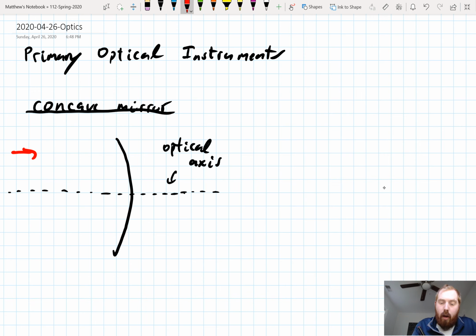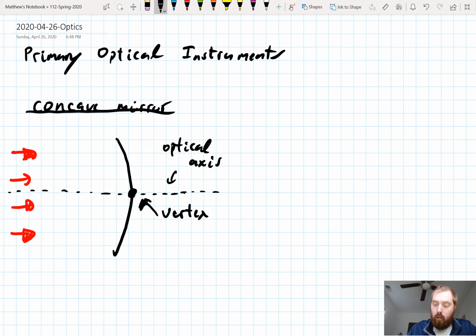And we're going to be shooting rays in like such at this mirror. And points that we're going to have to specify. There's the vertex, which intersects the optical axis. We have one point way out here.